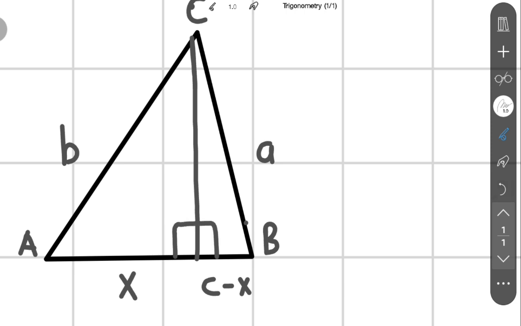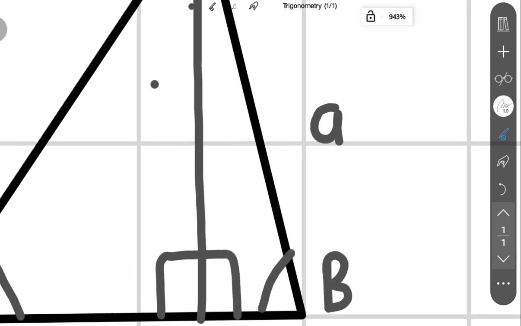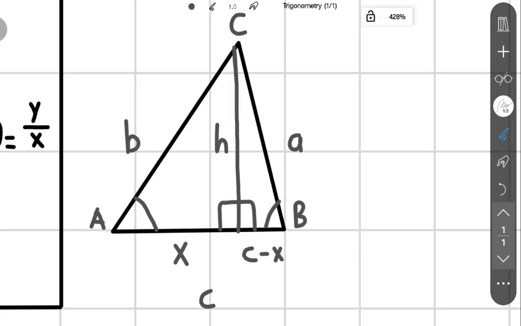Obviously there'll be an angle here and an angle here. Let's name this length h, as in the height. Obviously h will be equal in both triangles, so let's create some formulas for them. So I have h here.